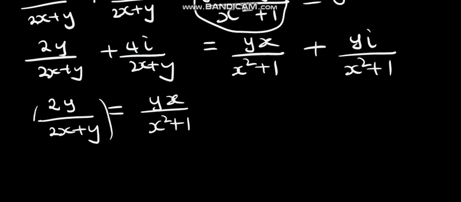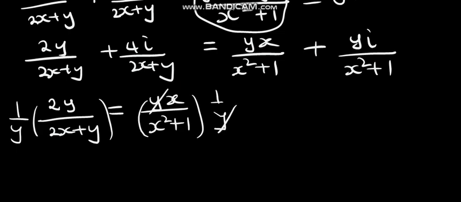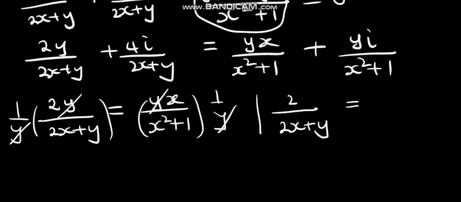We can first multiply by 1/y. So this y and that y can go, and we shall have 2/(2x + y) is equal to x/(x² + 1).